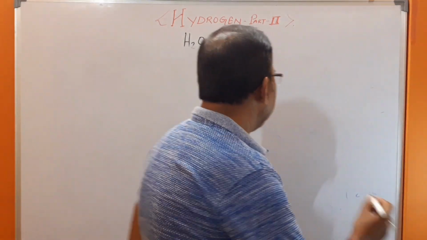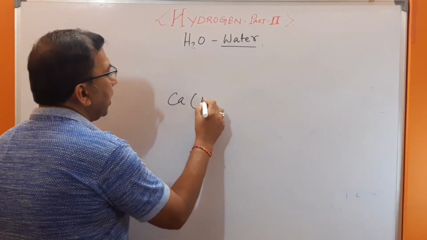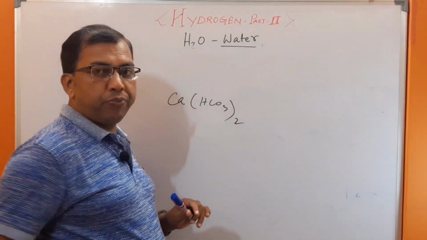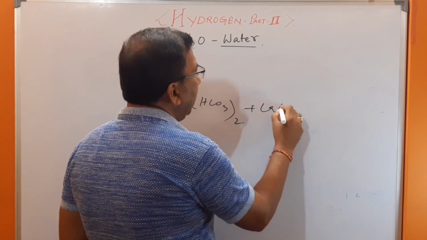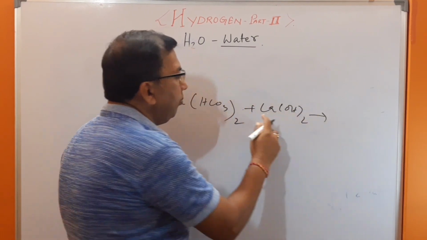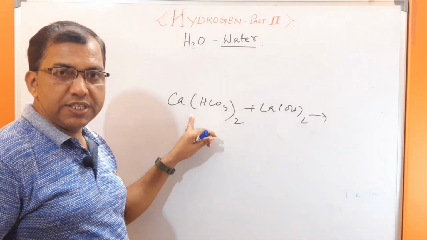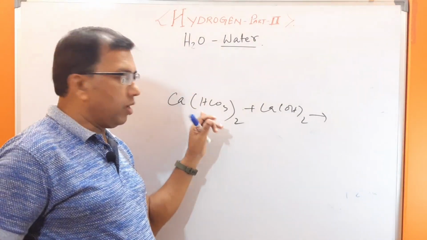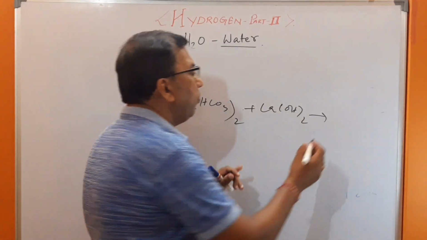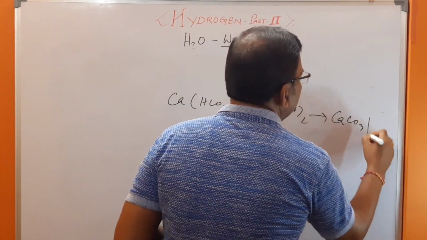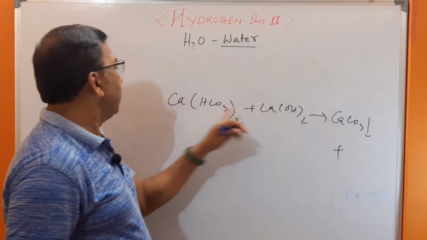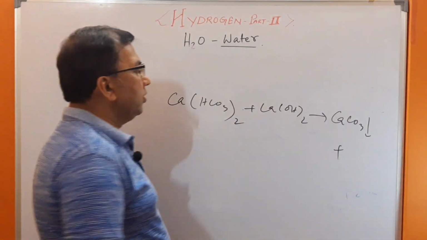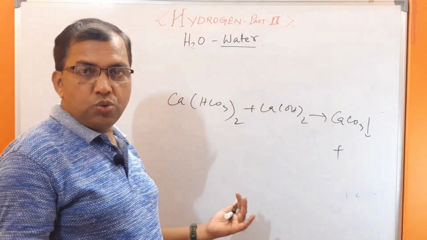For example, calcium bicarbonate: temporary means bicarbonate salt, and you add Ca(OH)2, lime. This is the Clark process, very important, you will be asked. In the Clark process, bicarbonate salt with lime forms calcium carbonate, which is insoluble and precipitates out, along with H2O. Clear?